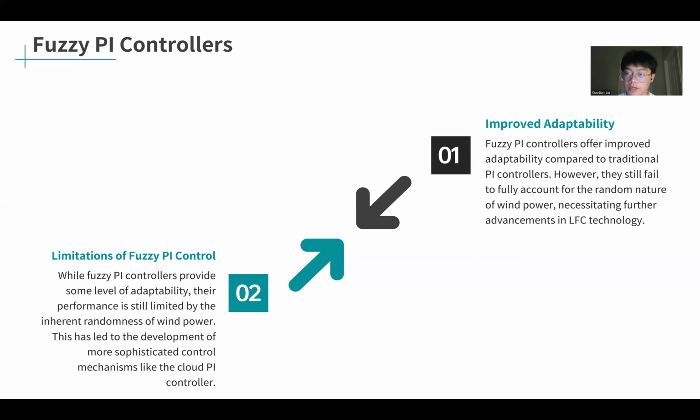It also improves adaptability compared to the traditional PI controllers. However, they still fail to fully account for the random nature of wind power, because wind power is unpredictable, so the generation is also unpredictable. So it's necessary to have further advancements in LFC technology.